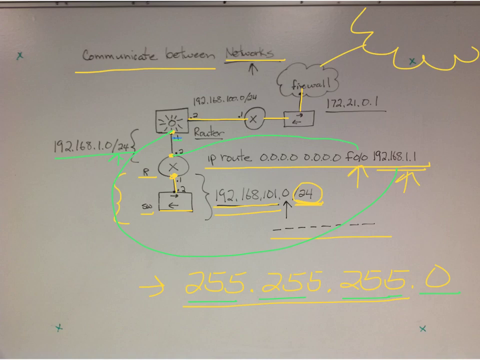That .1 there, .2 there. There's a .1 there, a .2 there, and then this address is at the firewall. You'll be able to ping that address on the edge of the firewall, but you will not be able to telnet to it. But if your network's working, you should be able to telnet to all these devices.